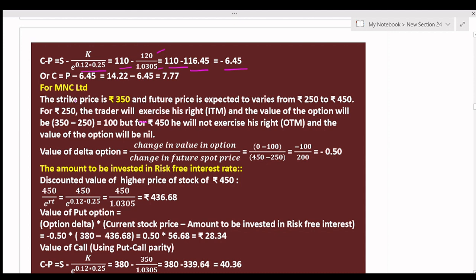Now C minus P is equal to this. So C is equal to P minus 6.45, that is equal to 14.22 minus 6.45, which is equal to 7.77. That is the same as in the previous problem, where the call option was taken.